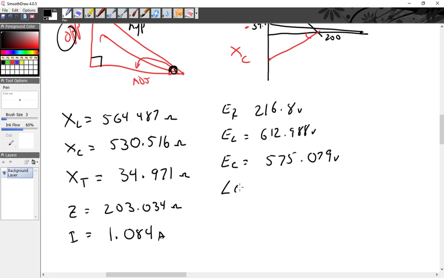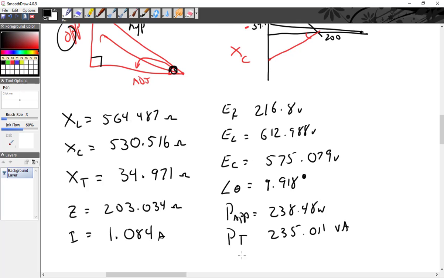The angle theta equals 9.918 degrees. Power apparent equals 238.48 volt amps. Power true is 235.011 watts. And the power factor equals 0.985.